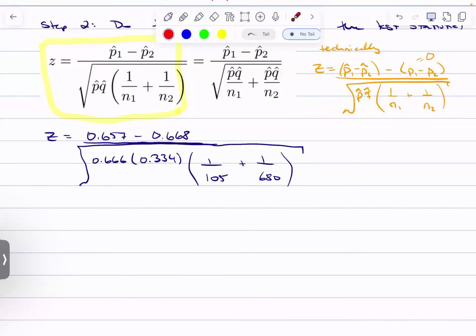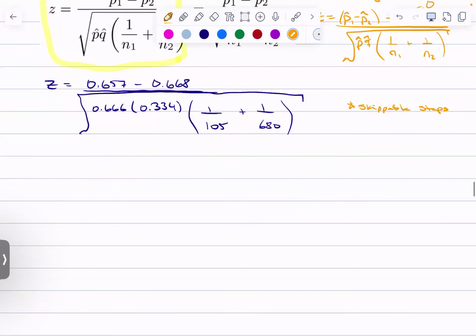Now, like I said, I like to simplify each of these fractions first, add them up, and I'll do the same thing here. These are skippable steps in orange. Here we go. 0.657 minus 0.668 is still that difference of negative 0.011.